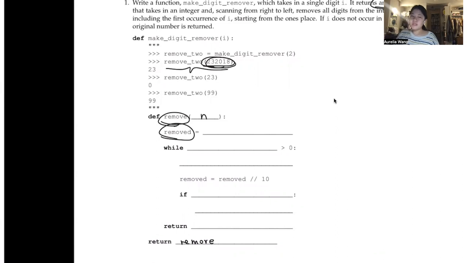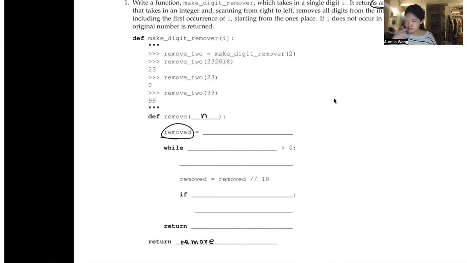In our case, we want to keep track of what is left, because we want to be able to return it at the end. So we want to keep track of everything that's left as we're removing things. And so removed is going to indicate whatever we have left as we keep removing things if necessary.